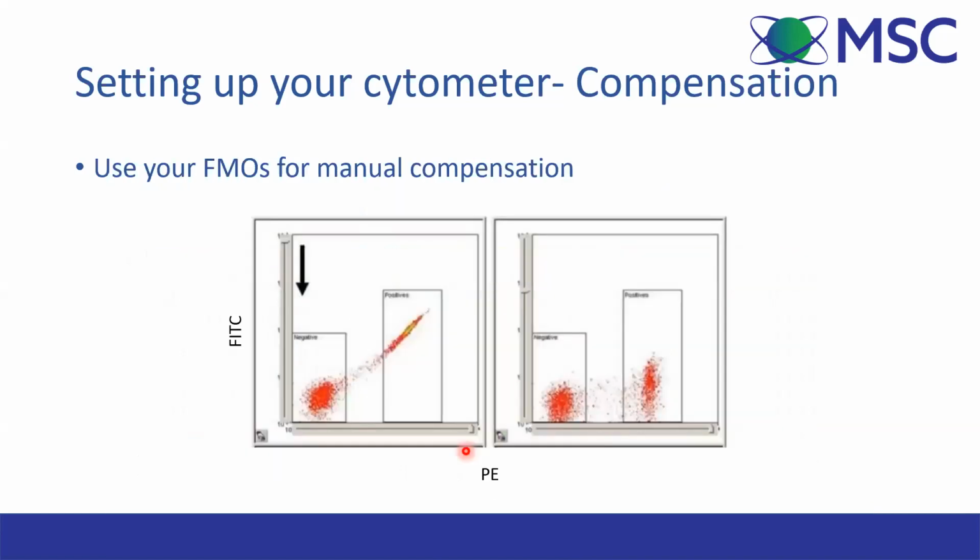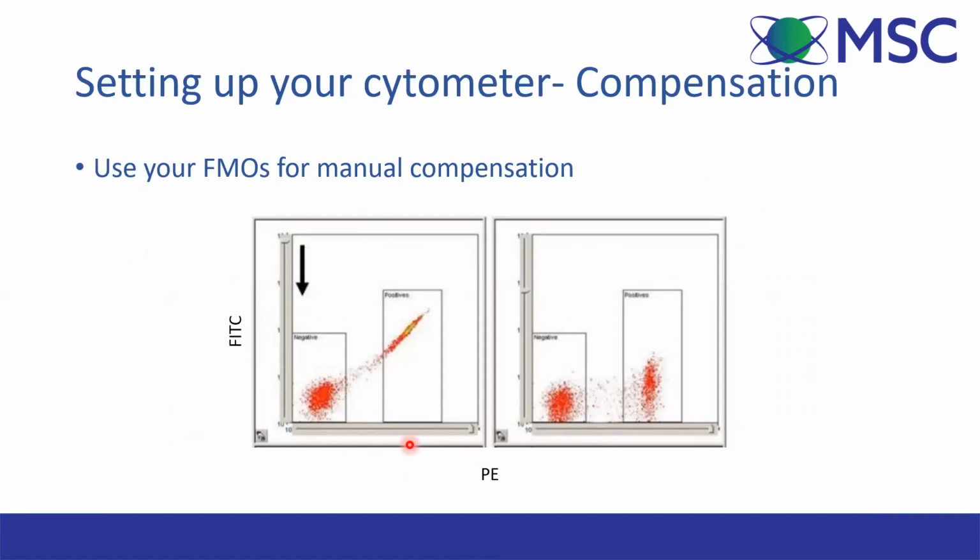To do compensation, you need your FMOs, or your fluorescence-minus-one tubes. Say, for example, that we're using our FITC FMO. That's a tube of cells stained with only our PE and APC antibody in our example experiment. We set up a dot plot with FITC on the y-axis and PE on the x-axis.